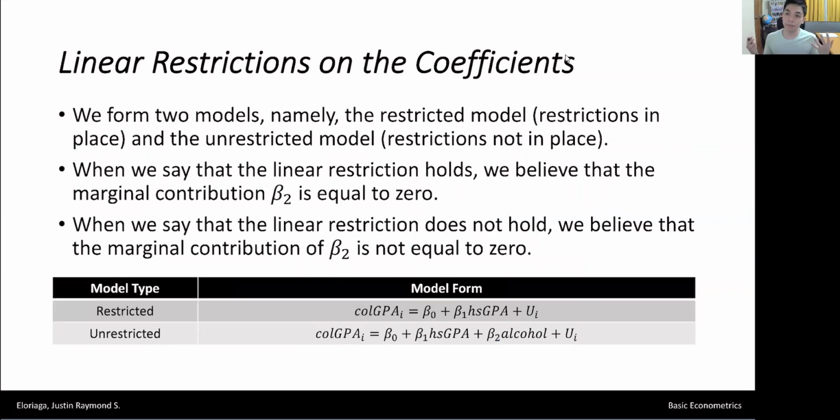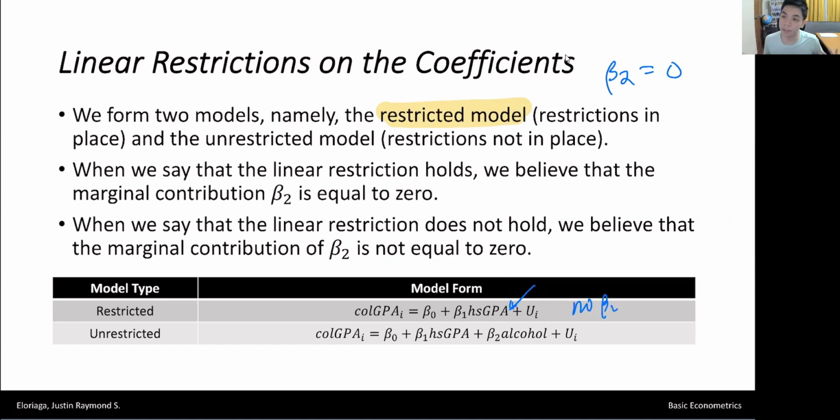Effectively, we form two models. Our first model is what we refer to as the restricted model. This is the model wherein you put the restrictions in place. Our assumption earlier was that beta 2 should be equal to 0, so in your restricted model there is no beta 2, or beta 2 is equal to 0.